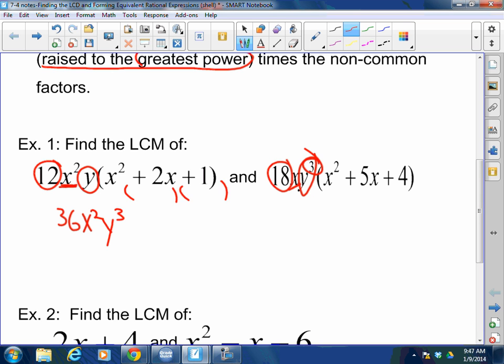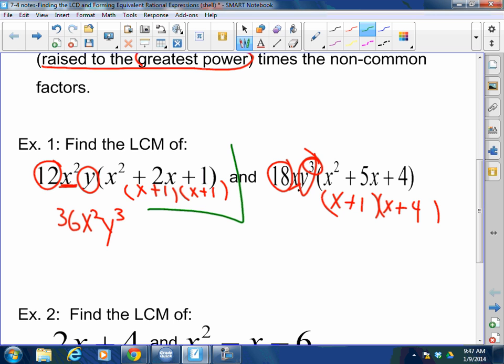This here is x plus 1, and here this is x plus 1 plus 4. Now this is where people get a little confused. On this side of this problem, how many x plus 1s do I have?